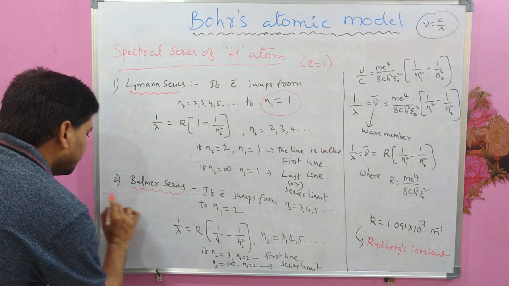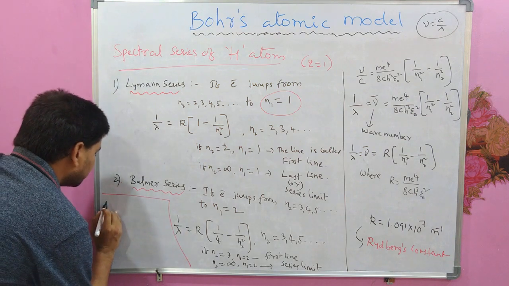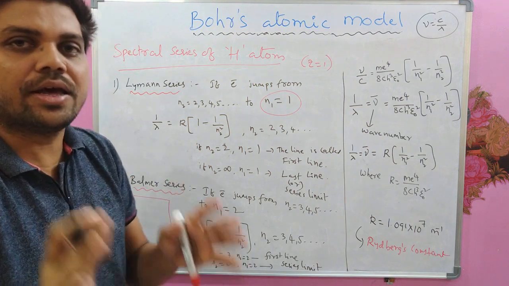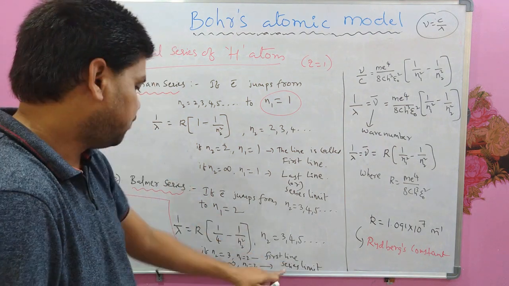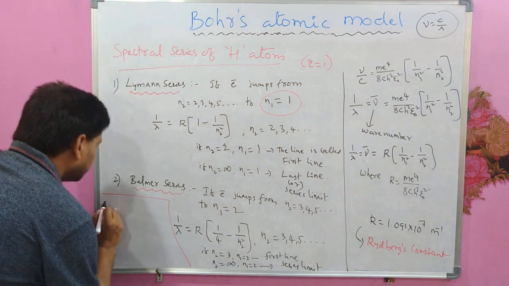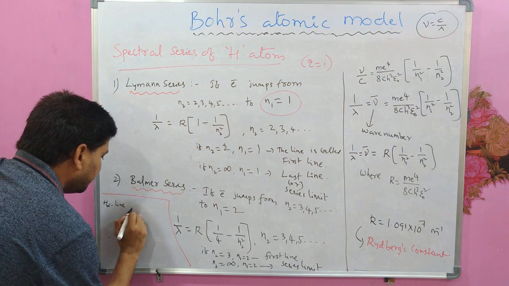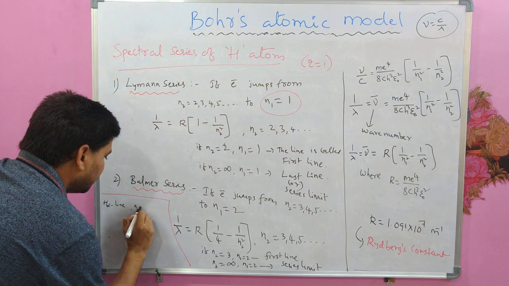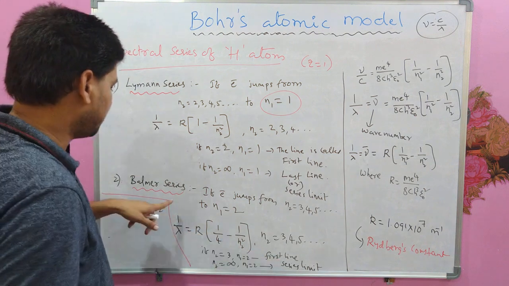And the most important point to be noted here is, we have some particular names allotted to the lines. The first line here is called the H alpha line. For H alpha line, N2 equal to 3, N1 equal to 2, which is the first line of Balmer series.